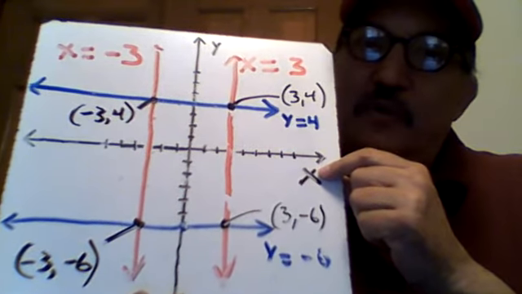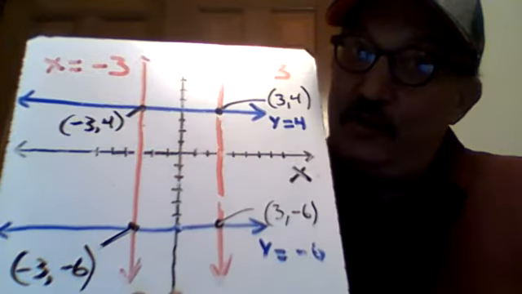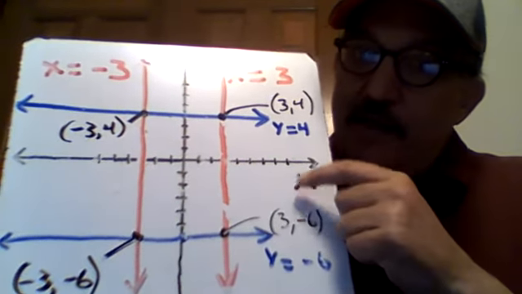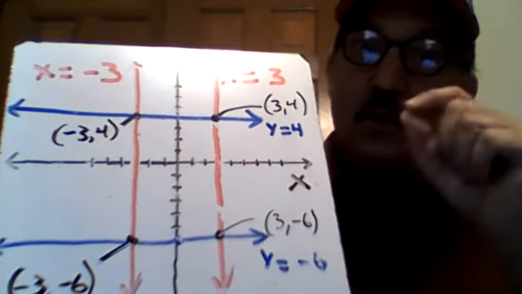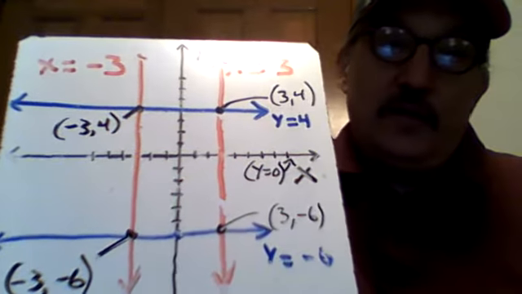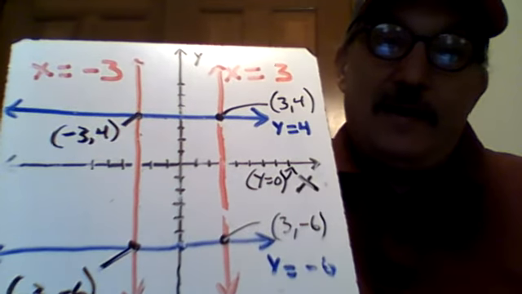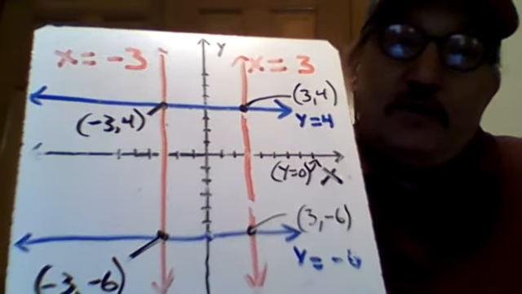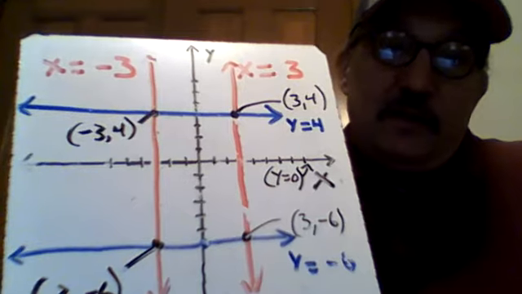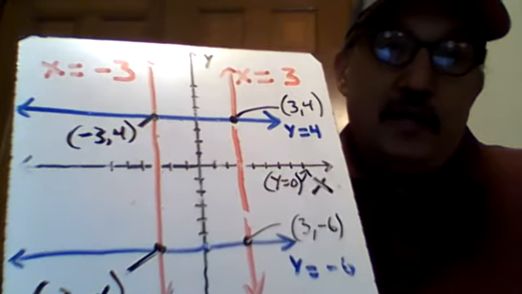It's not x equals a number because the x-axis is horizontal. The x-axis is y equals 0. Everywhere along the x-axis, the y coordinate is 0. The x-axis is a horizontal line, so it has to fit into this scheme of y equals a number.